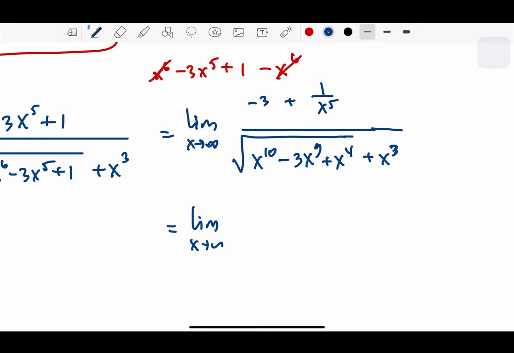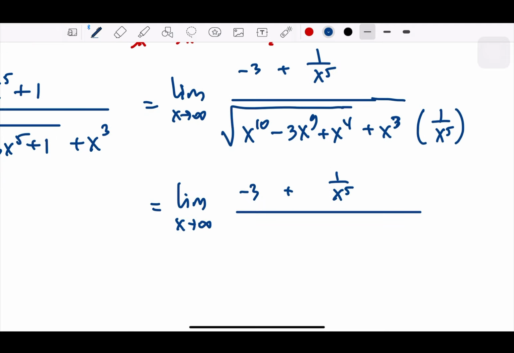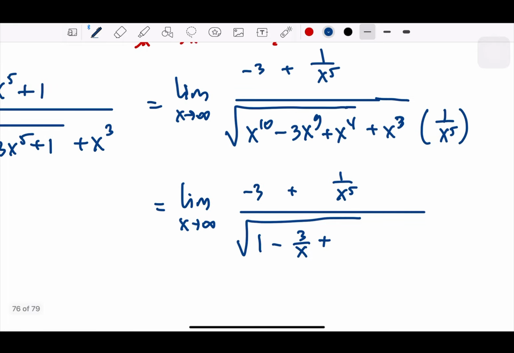Slowly, we take it very slowly. So this will be 1, this will be that, and this will be 1 over x squared, right?